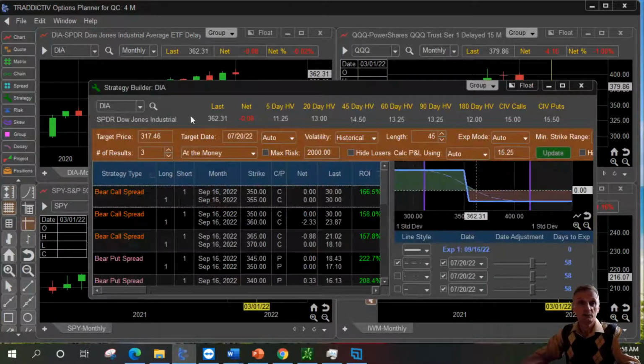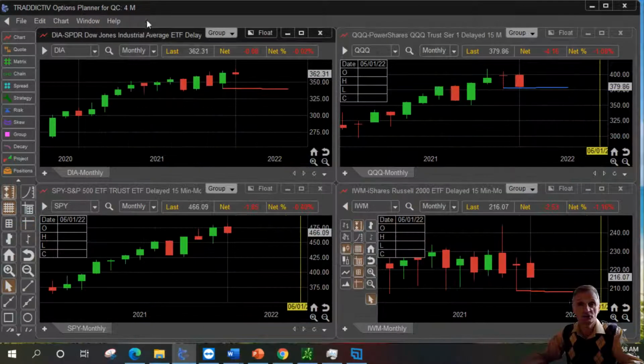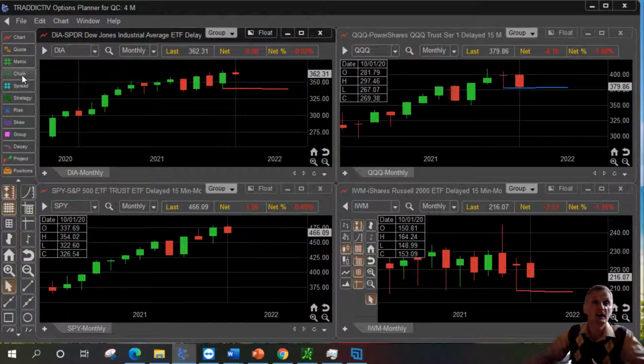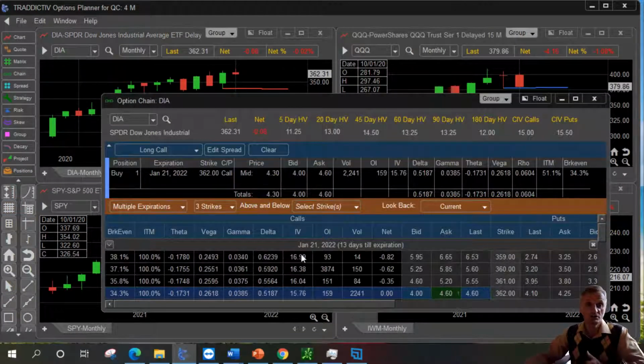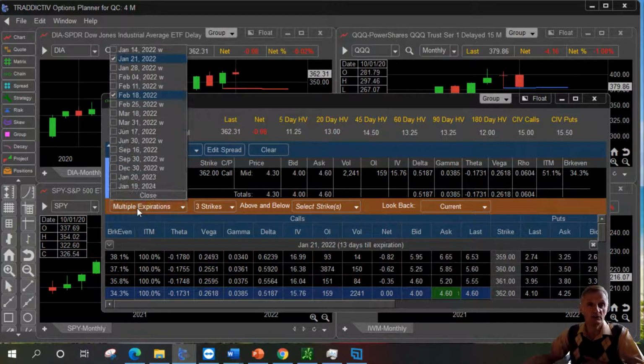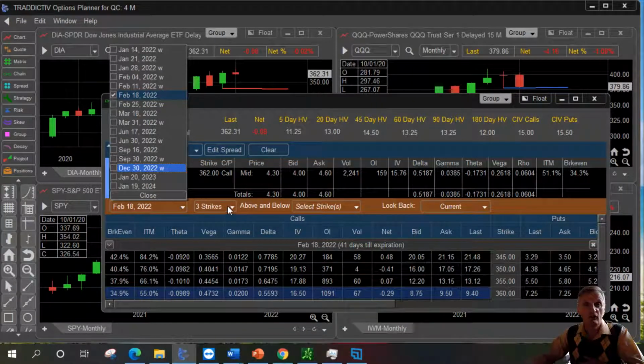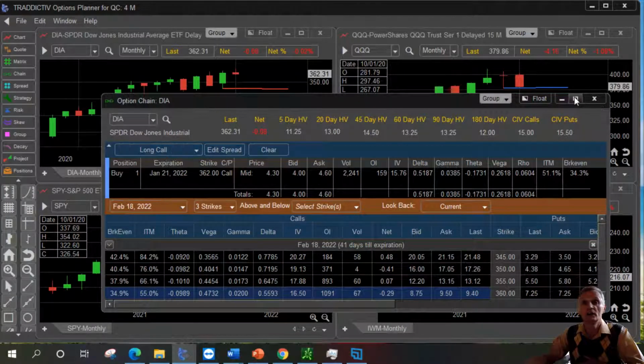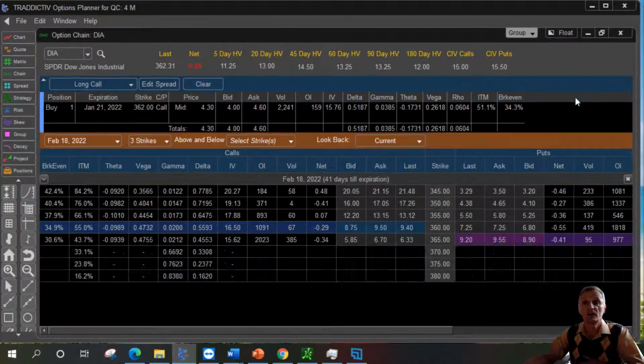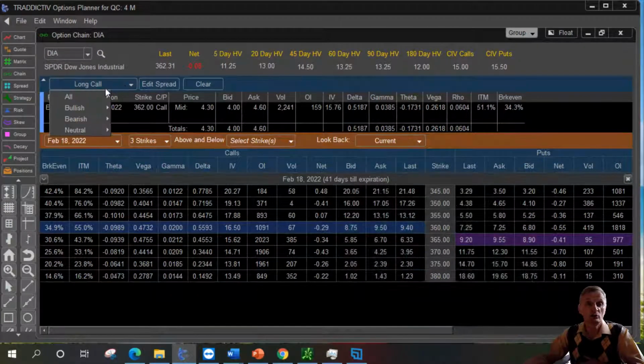When this appears, it will predict the target date where the target is going to be achieved. Once you know that, you can go into the option chain and, instead of having multiple expirations, select only the expiration that you want. From that point on, you are using the builder that you have selected.